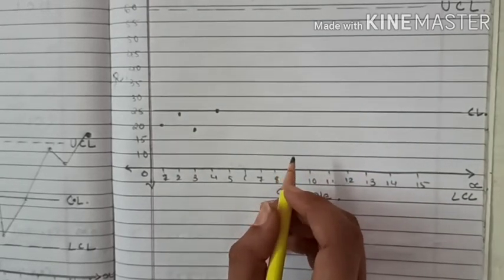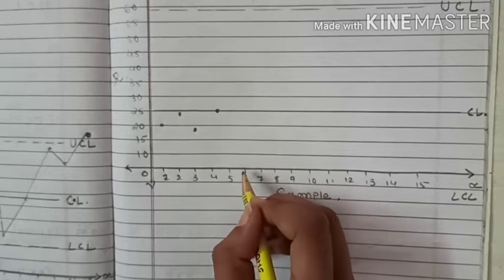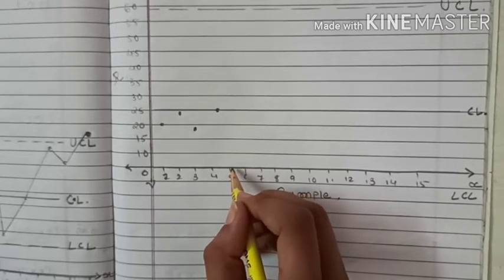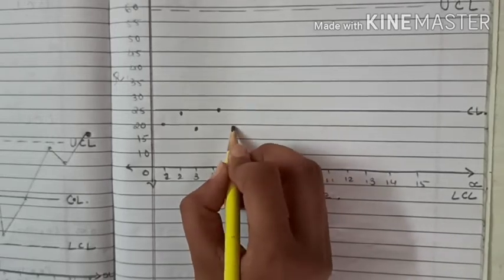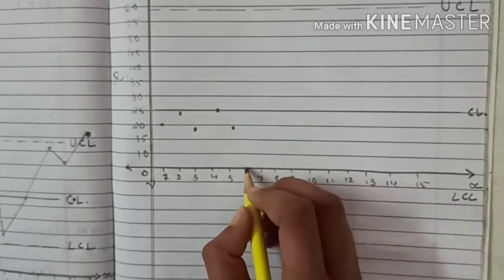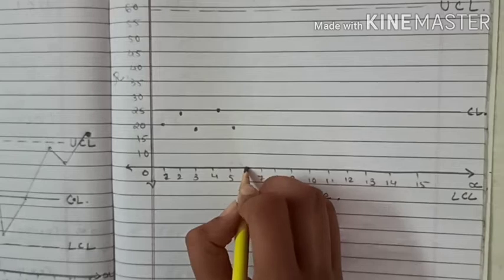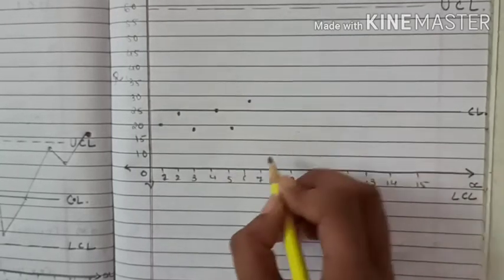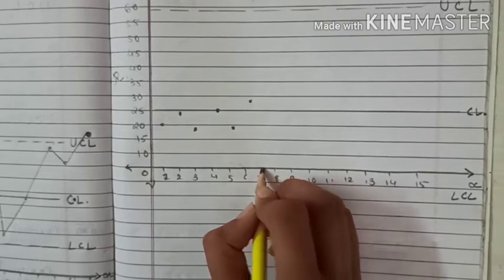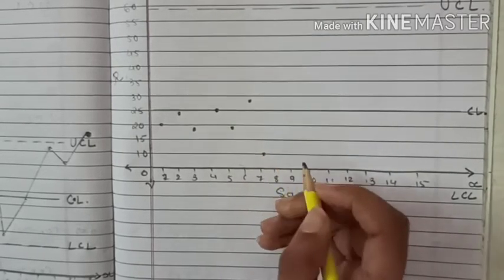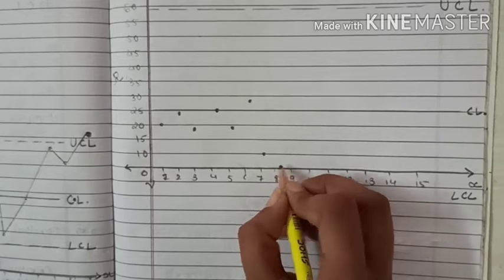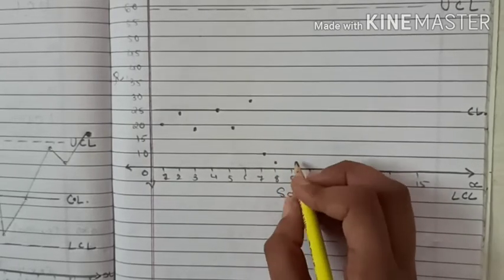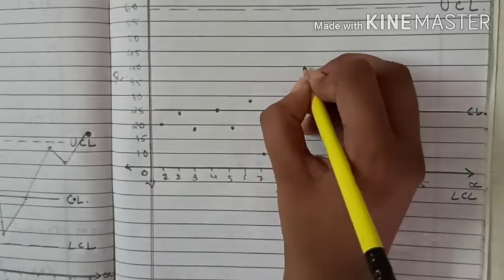Sorry. For the 5 it is 17. For the 6 28. For the 7 10. Then for 8 it is 3. Then for 9 40.